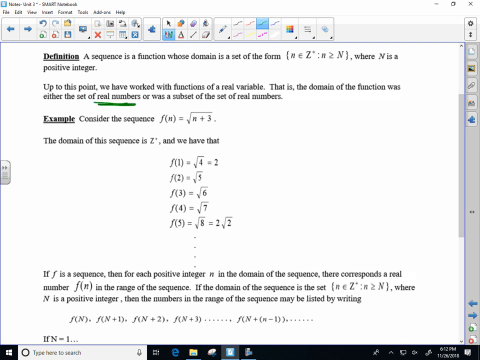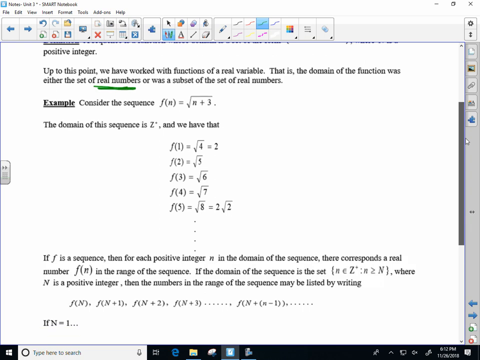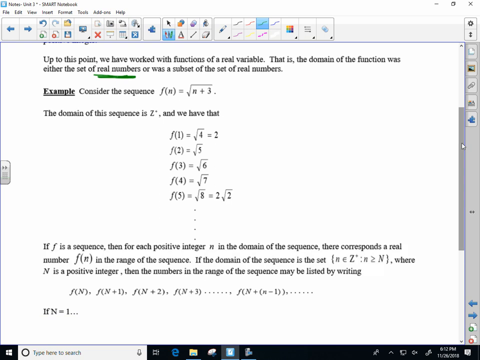All right, so consider the sequence. I've officially considered it. Well considered. Basically, if we have f(n) equals the square root of n plus 3, all that's telling me to do is evaluate the function.